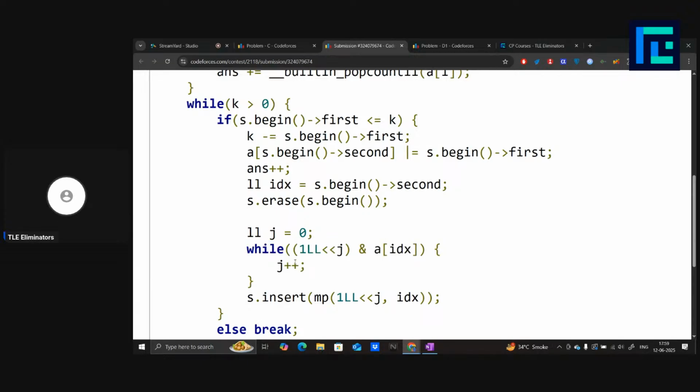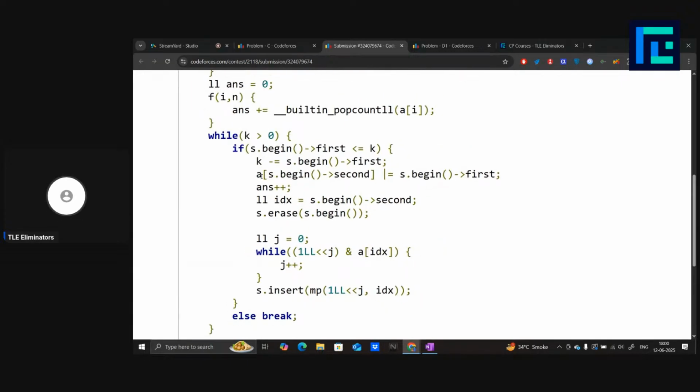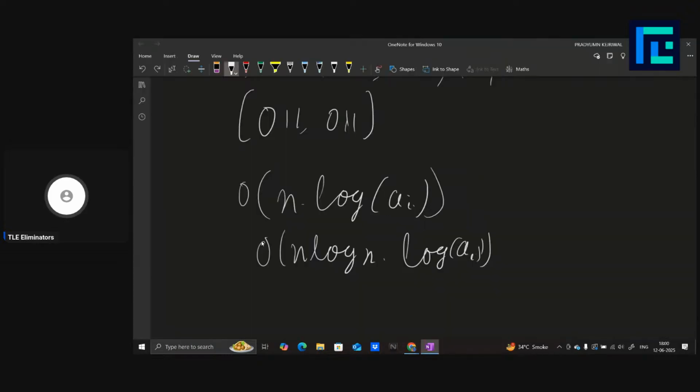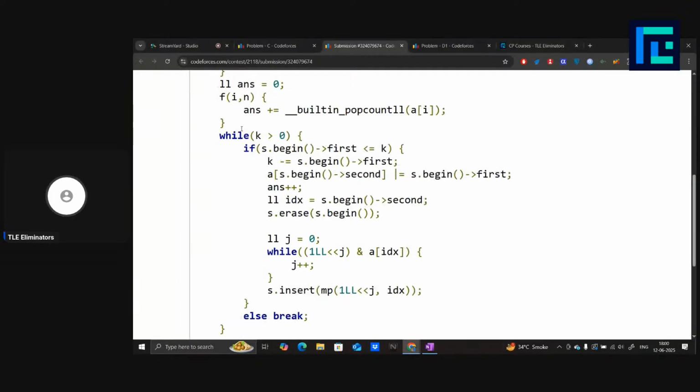But actually, no, my bad. Okay, yeah, it is n log n log AI, because this while loop can run n into log AI times, right?